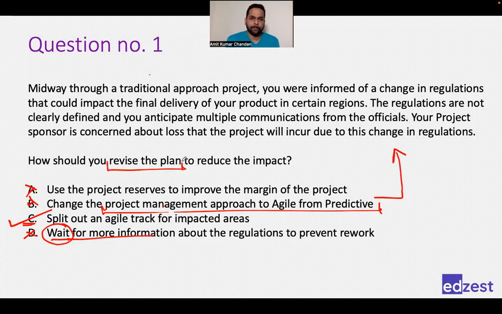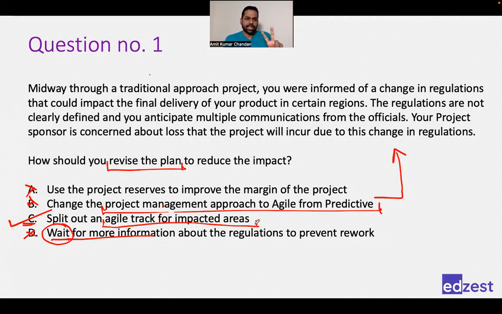Splitting out an agile track will happen only when he knows what has been impacted and how much the impact is. So shouldn't he wait for more information before he goes for option C? If you know what the impact would be and how much, then you would not split out an agile track. Then you will say, okay, let us continue with traditional, because now we know everything.